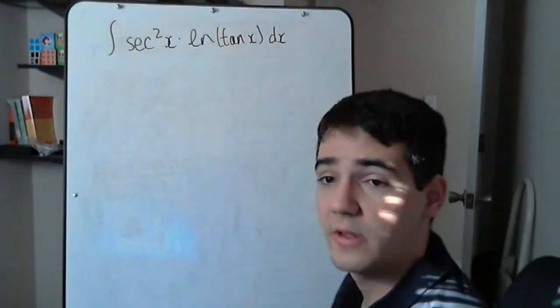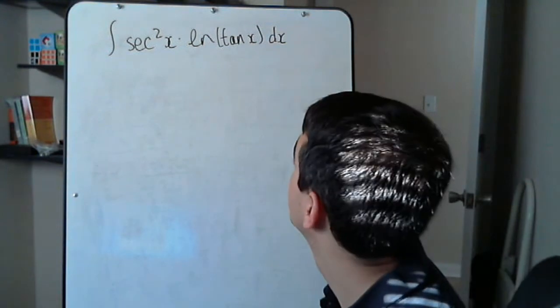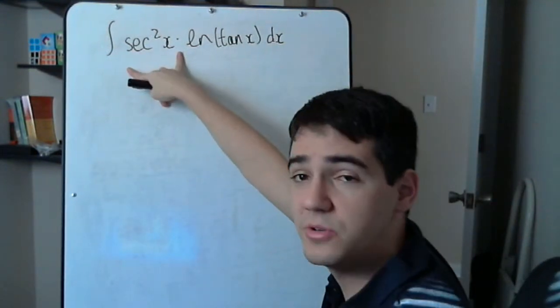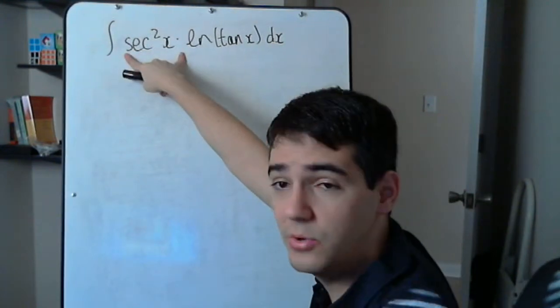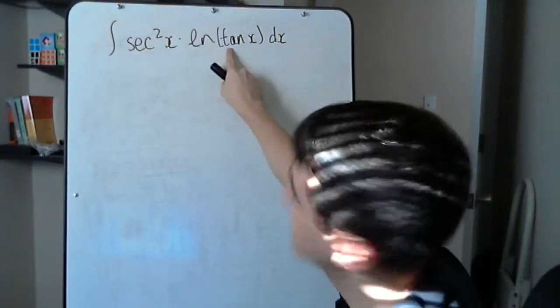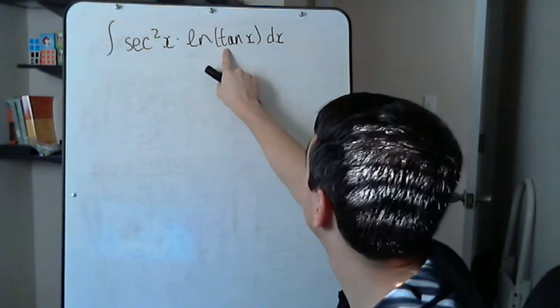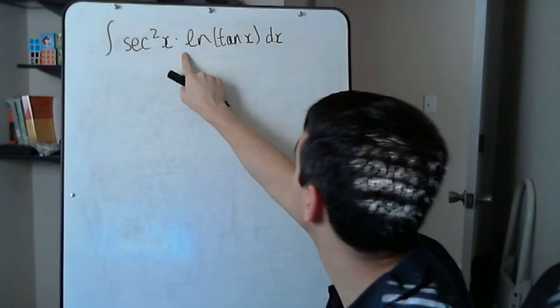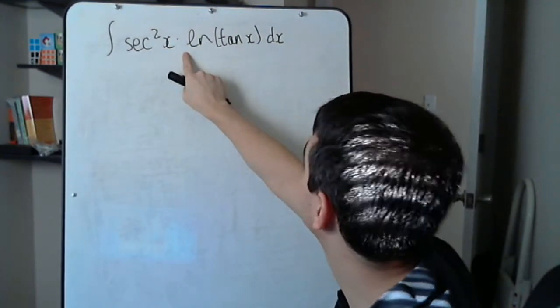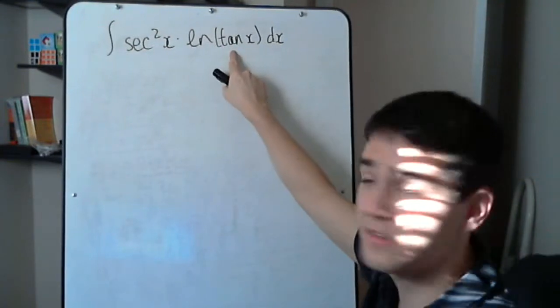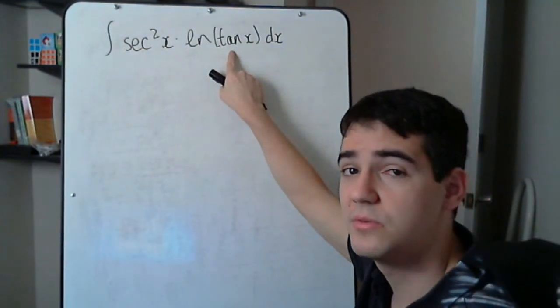So let's try this again. Now we need to choose a u and a du. Unless you want to make that u and take its derivative, do you think you're going to get ln of tangent x? No, I don't think so. So let's make this a u.